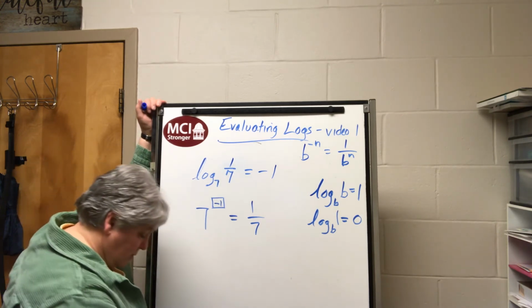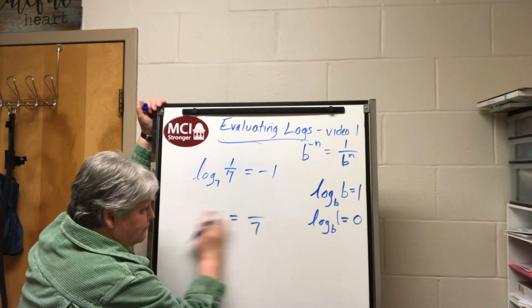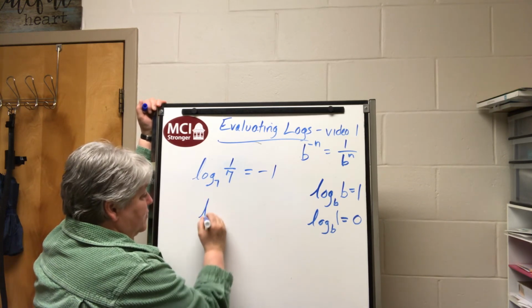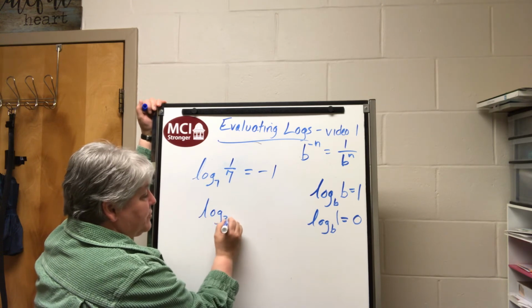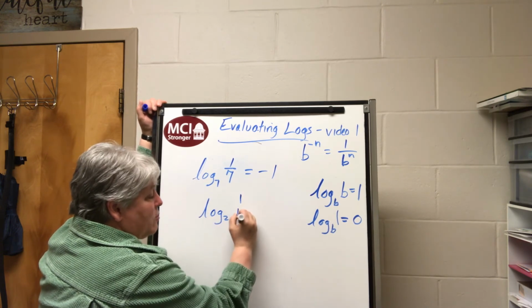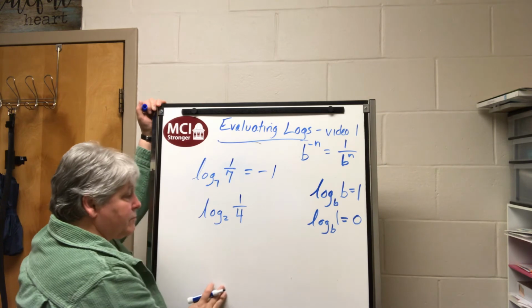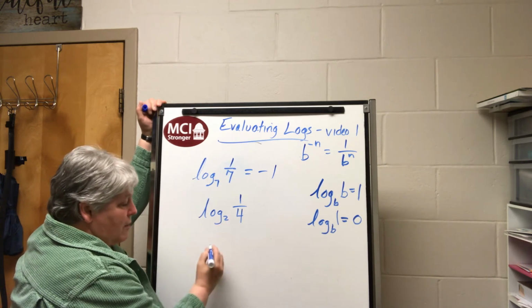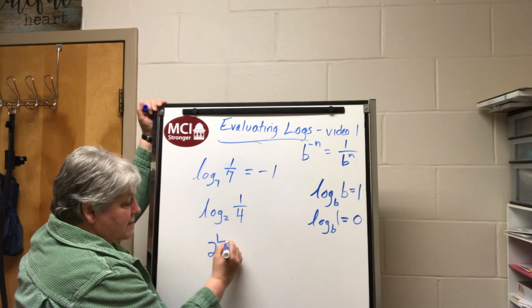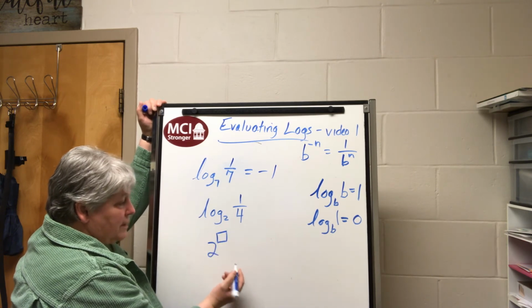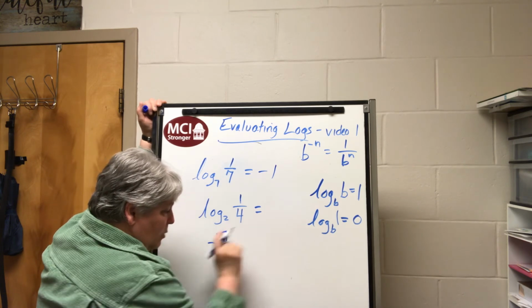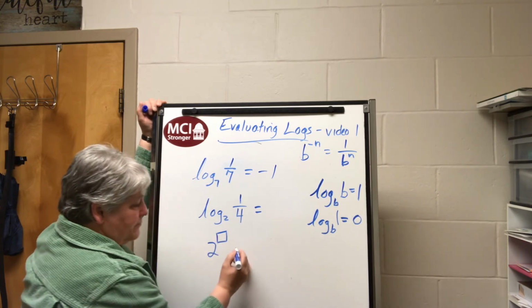Now let me look at that a little bit. Let's try another one. What's the log to base 2 of 1/4? Well, what power would I raise 2 to? See, I write it like this to help me think about it more clearly. When I'm all done, the answer is going to just be the exponent, whatever I find in the box.